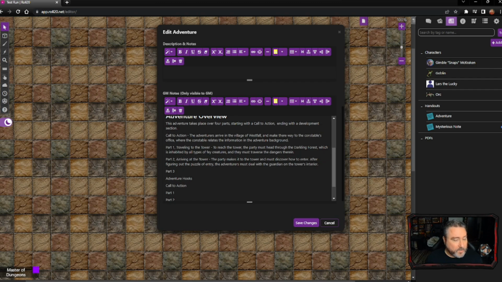And then eventually having some sort of puzzle for the characters to solve to actually get into the tower itself. And then once they get into the tower, we're going to have some sort of guardian on the interior that the characters will have to deal with, whether that be combat or the social pillar. We'll figure that out when we get there.